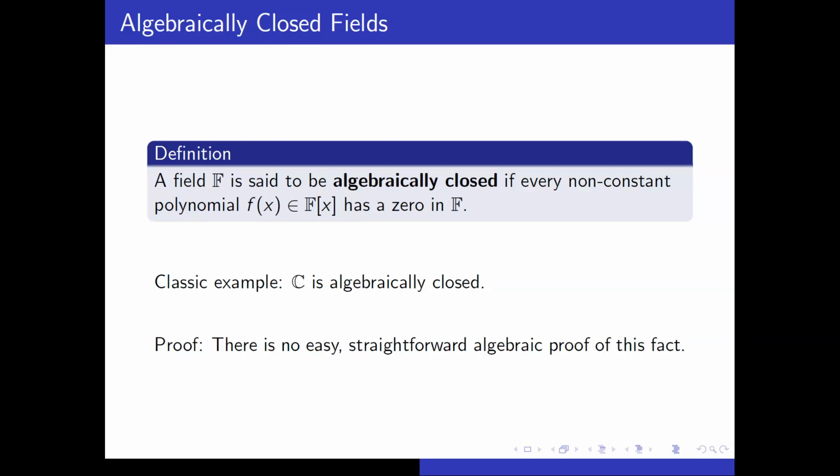I said to prove that any odd degree polynomial in R has a 0 in R. That right there is actually the obstruction. The way you prove that is using the intermediate value theorem, which requires continuity. And that's what makes proving that C is algebraically closed difficult using only algebraic methods.